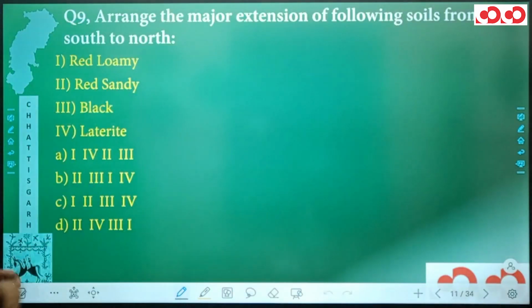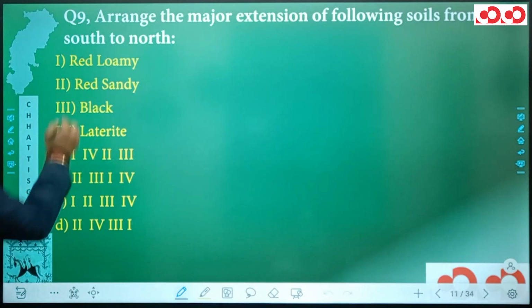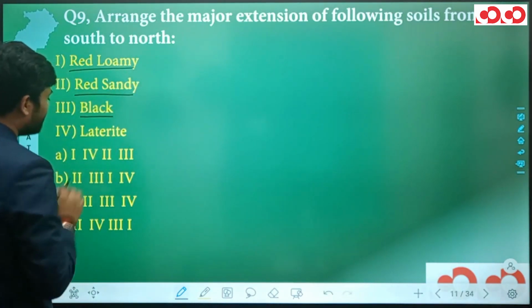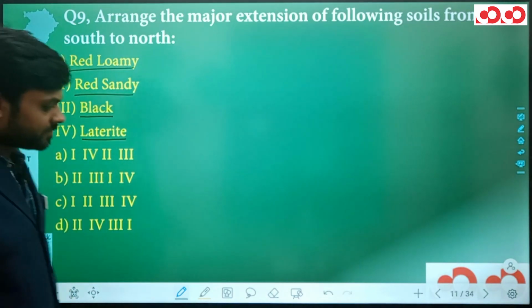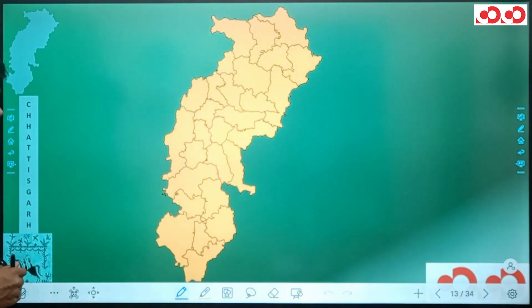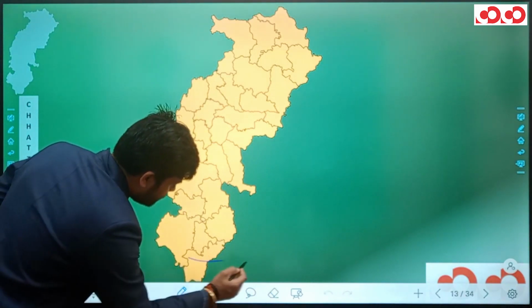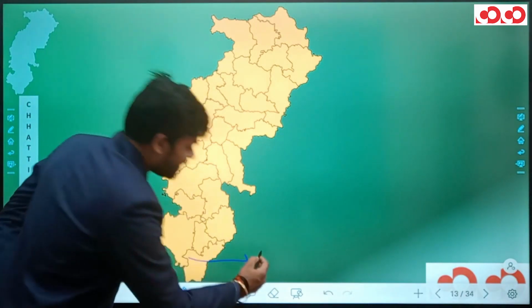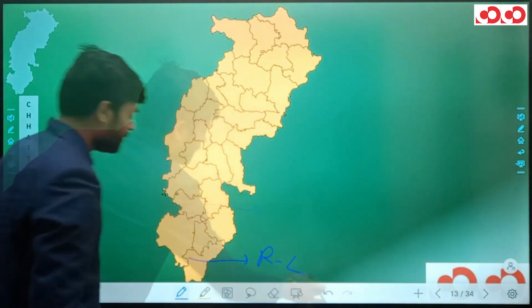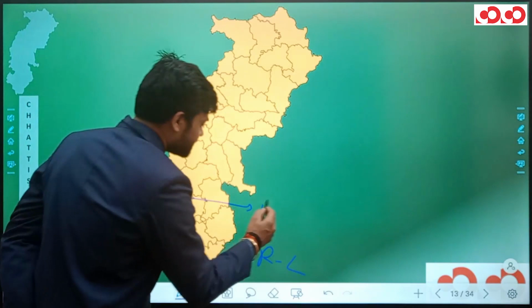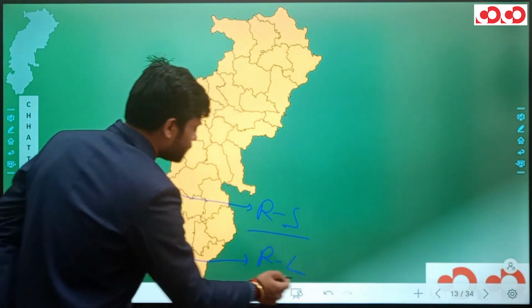Arrange the major extension of following soils from south to north. And the soils which are given are red loamy, red sandy, black and laterite. Now this actually is the map of Chhattisgarh. In the southern part of this Bastar division is actually the major extension of red loamy soil, and in the northern part of this Bastar division is the extension of this red sandy soil generally.